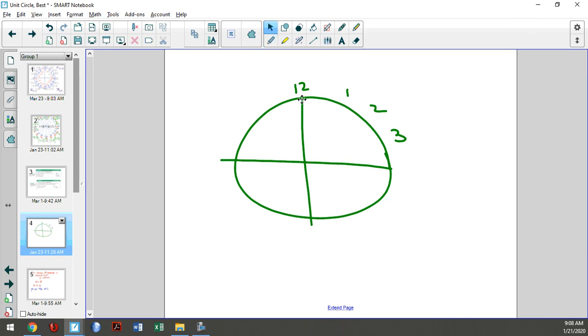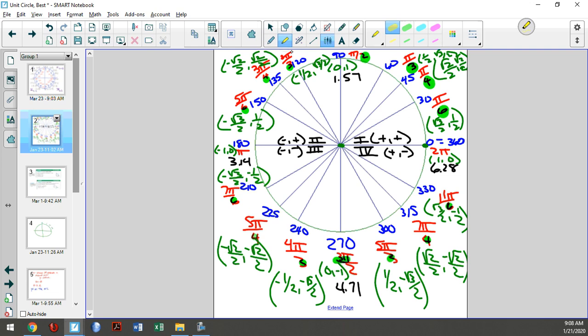What we're going to do is take the hands of the clock and refer to them as the numerator of our cosine. 1, 2, 3. Isn't that sweet? The cosine of 60 is 1/2. The cosine of 45 is the square root of 2 over 2. And the cosine of 30 is going to be the square root of 3 over 2. Do we all understand that?